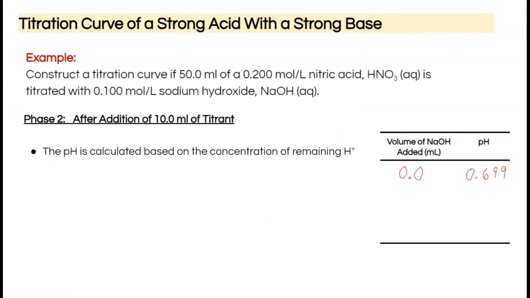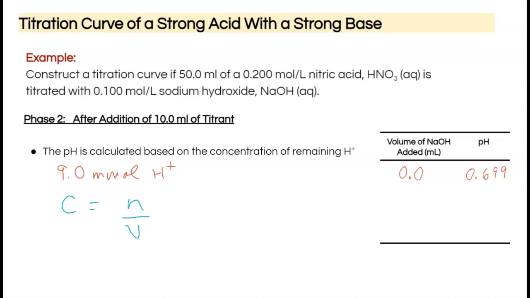You'll remember that we need to calculate the pH based on the concentration of the remaining hydrogen ions. Let's take note of where we are right now: I have 9.0 millimoles of H+. I want to remind you of an equation we used in grade 11, which is that the concentration of a solution is equal to the number of moles divided by its volume.